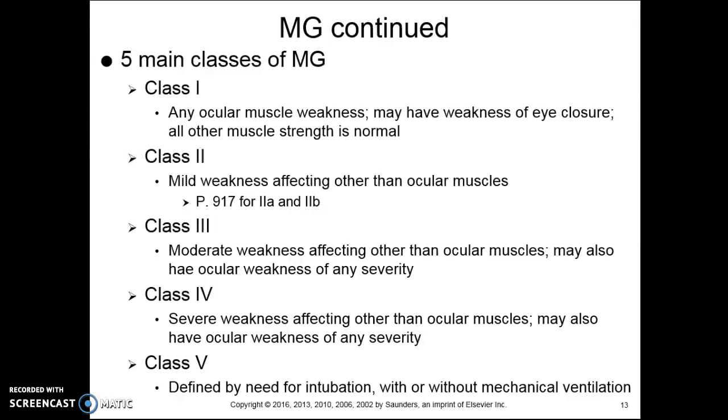May also have lesser involvement in the oropharyngeal muscles. And then class 2B, predominantly affecting the oropharyngeal, respiratory muscles, or both. So it's going to break all these up, and then 3 is moderate weakness, and there could be ocular. 4 is severe weakness, and there could be ocular. And then class 5 is the need for intubation.